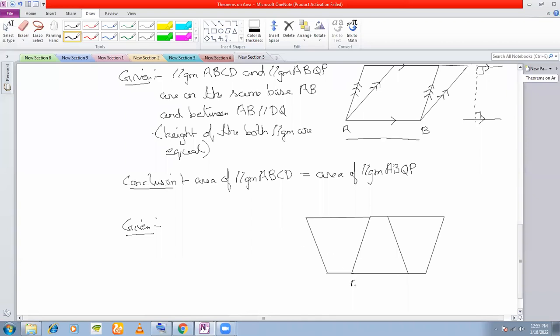Here ABCD is one parallelogram, and PQRS is another parallelogram. Let's mark the parallel lines. These two are parallel, also these two, and also these two.